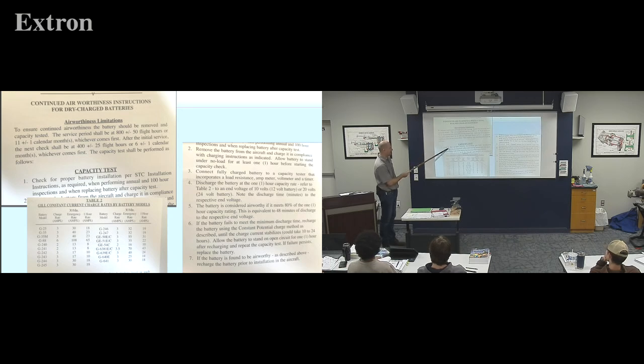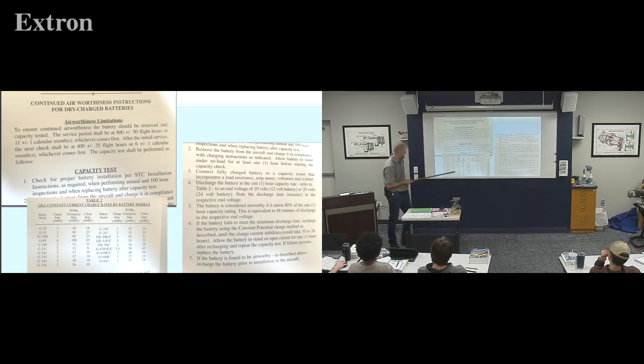And right in the words it says, check for proper battery installation per STC, but the test is over here. Remove the battery from the aircraft. Charge it in compliance with the charging instructions, which you'll see a little bit later. Connect the fully charged battery to a capacity tester that incorporates a load resistance, an amp meter, a voltmeter, and a timer, so we're going to drain our battery, and discharge the battery at 1 hour capacity rate.